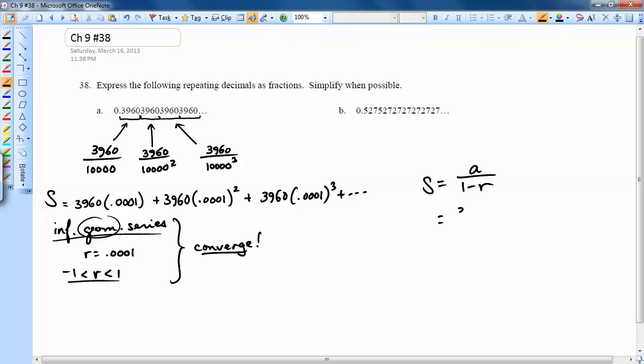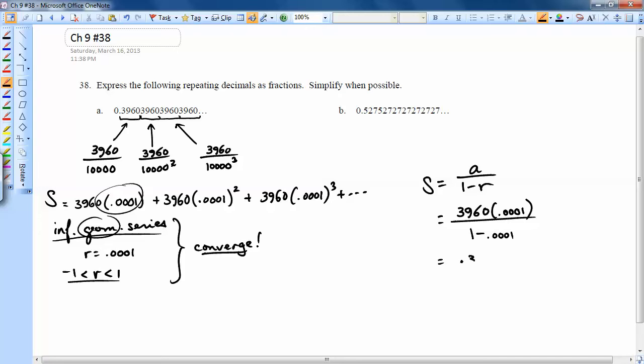Now, the first term is 3960 times 0.0001. Remember it's not just 3960 in this case. There's actually this ratio right here already multiplied. And then it's over 1 minus the common ratio, which is that 0.0001.